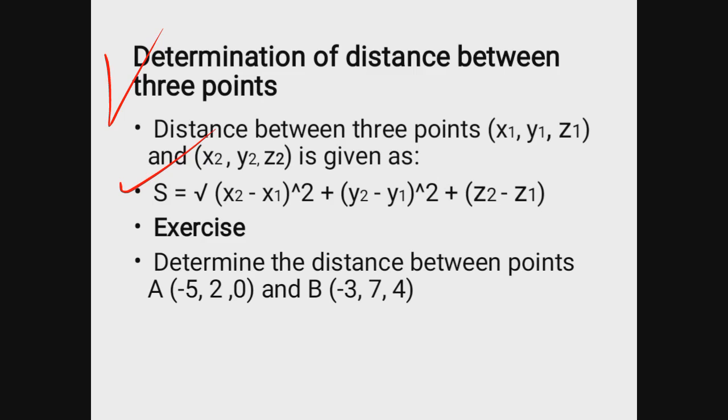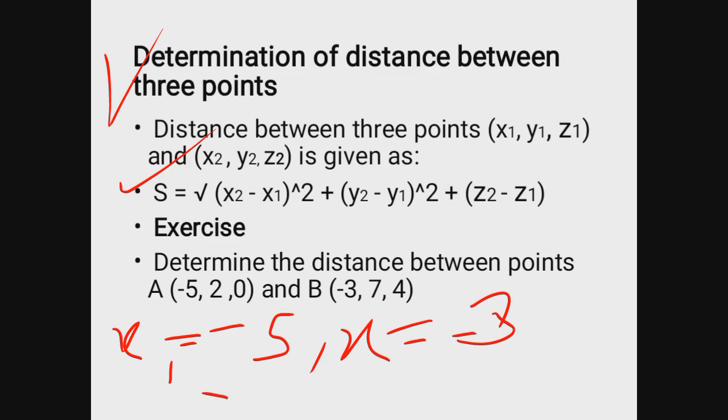So the next thing is, let's just identify our points. Our x1, according to the question, is -5, and x2 is equal to -3.